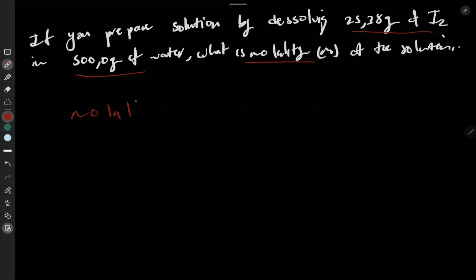Molality, here it's molality like this, versus molarity.